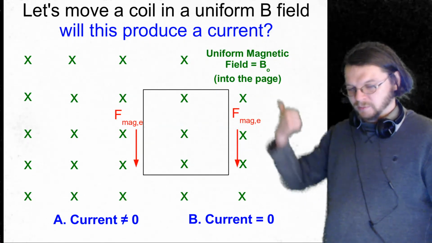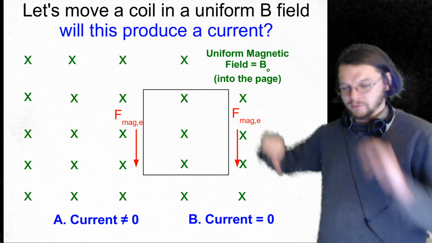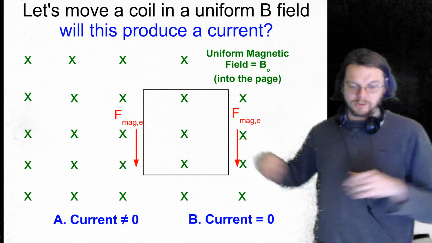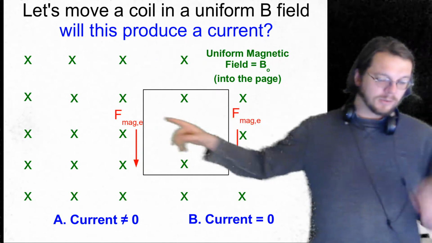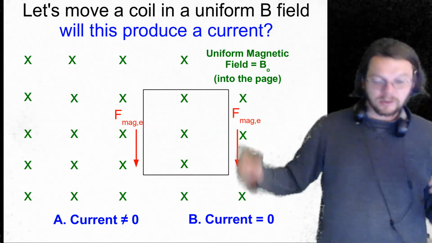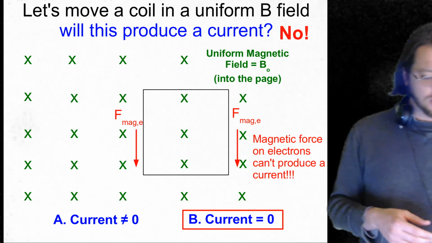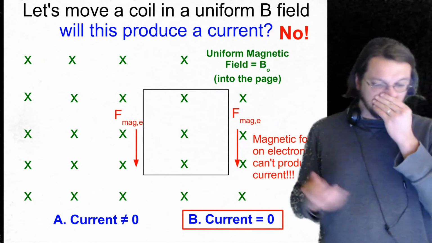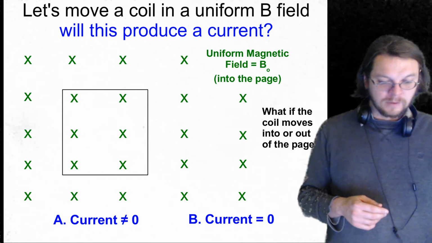That means V cross B would be up, which for electrons, QV cross B, would be down because Q is negative. So the force on those electrons would be down. The problem is that there's a force here and there's a force here, and so you don't actually get circulating electrons, which is what a current is. And so you'd have to conclude in this case the current is zero, and empirically this is what you find, by the way, if you do this experiment.